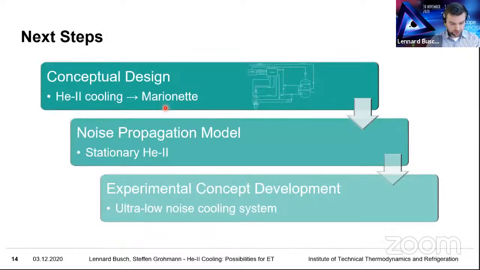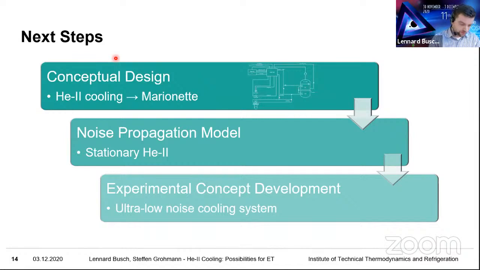But I want to point out that, independently from that, we're going to continue the investigation on the helium-2 cooling system design within my PhD in several steps. The first one being coming up with the conceptual design of a cooling system that can provide helium-2, as I said, in capillaries all the way down to the marionette.